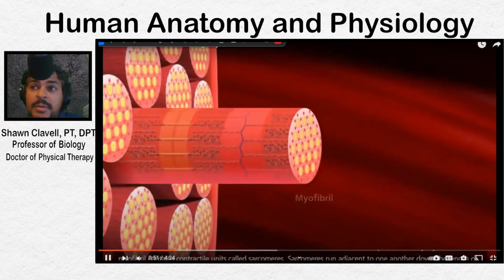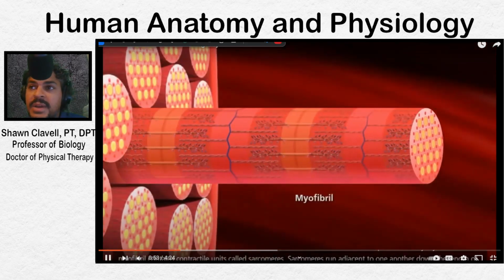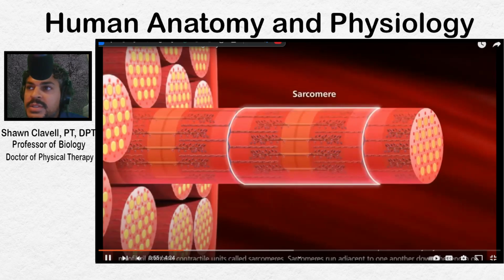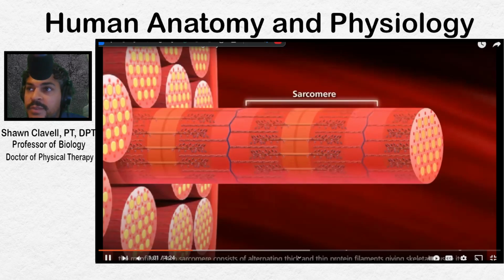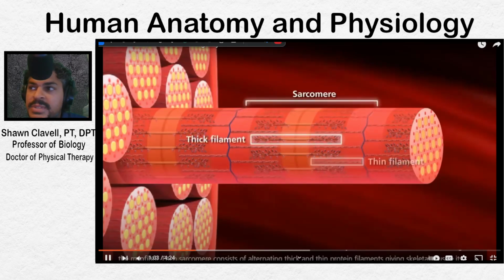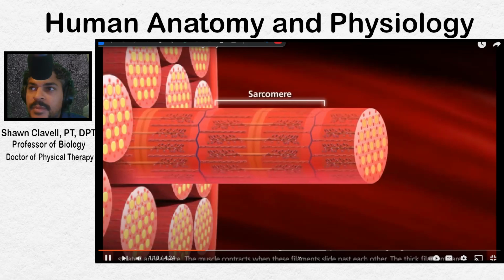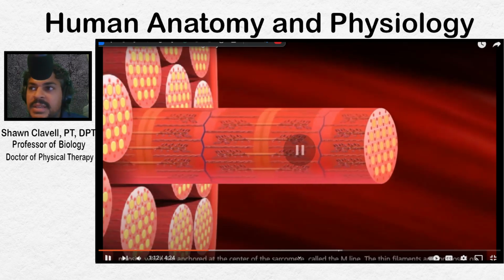And so the makeup of a skeletal muscle is, as I've reported, the sarcomere is the functional unit of a muscle contraction. A muscle fiber is made up of a number of these fibrils, and the sarcomere is made up of this alternating thick filament, thin filament. And when it contracts, what we see is what's known as the sliding filament theory.